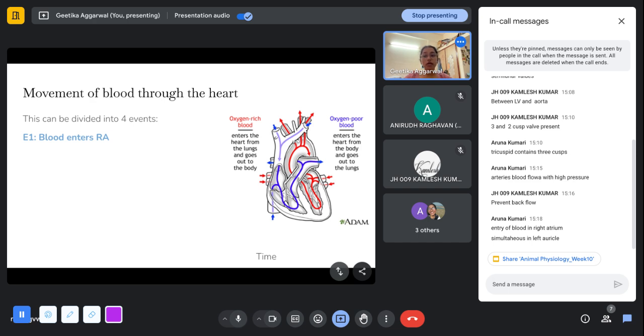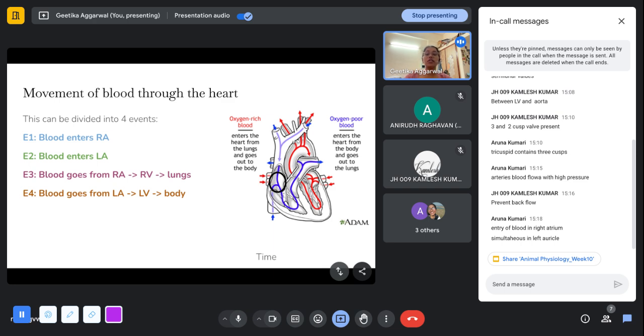So before that, what happens is a second event, which is almost simultaneous, the blood also enters the left atrium. After that, in the third event, the blood goes from the right atrium to the right ventricle, from where it goes to the lungs. So that is the third event. And the last is what you just mentioned. Blood goes from the left atrium to the left ventricle, and then it gets transferred towards the body.